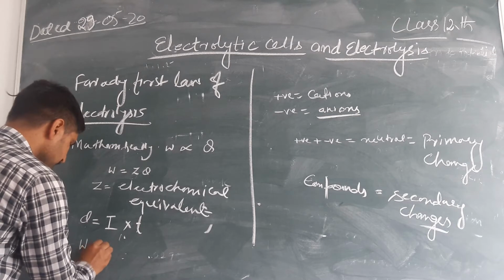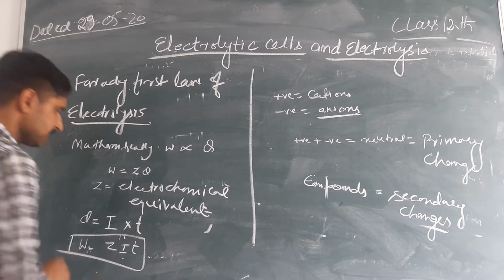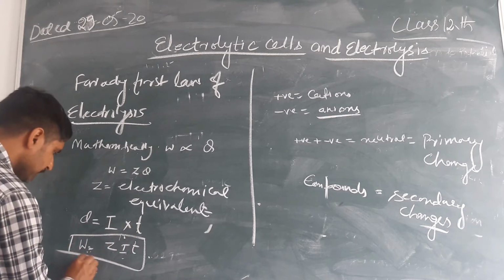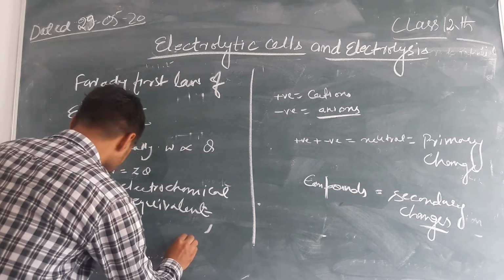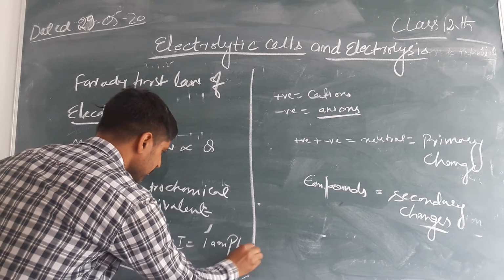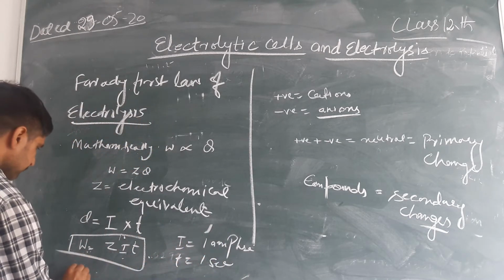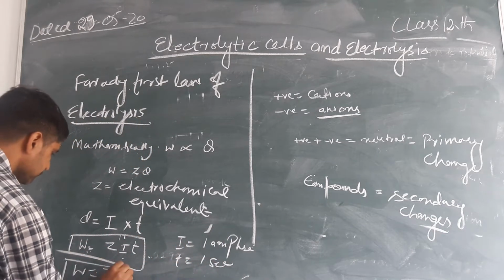Therefore, W = ZIt. When the current I is 1 ampere and t is 1 second, then W = Z.